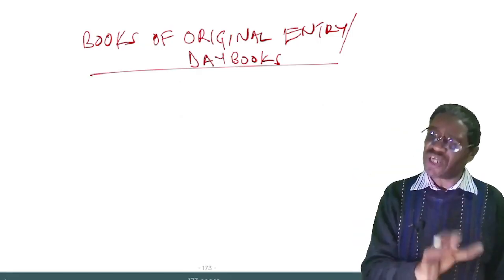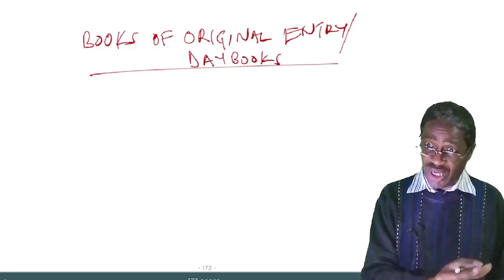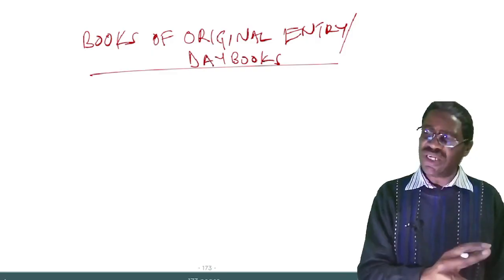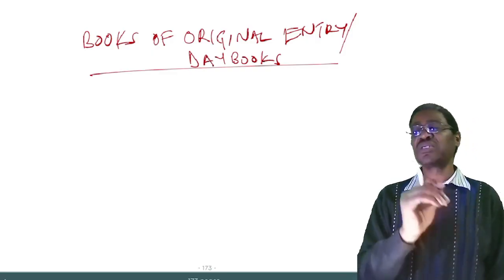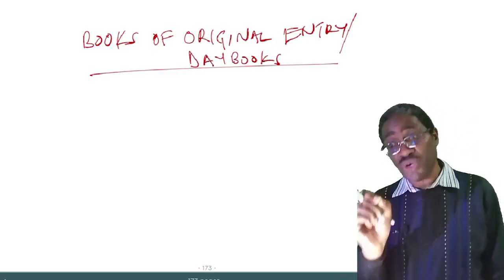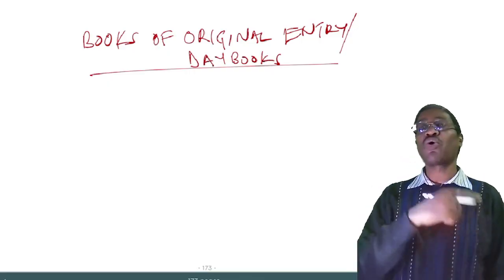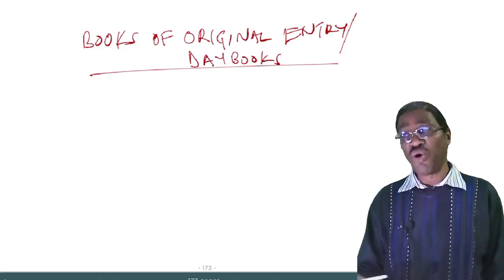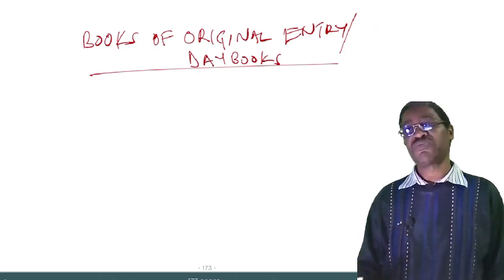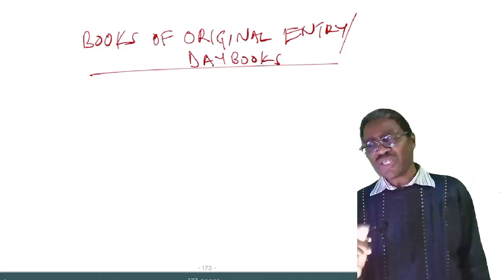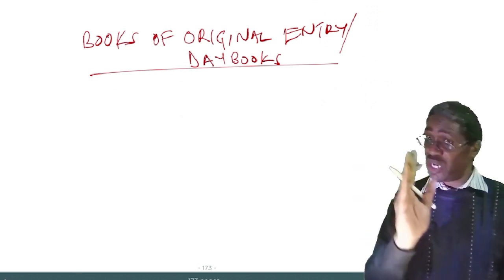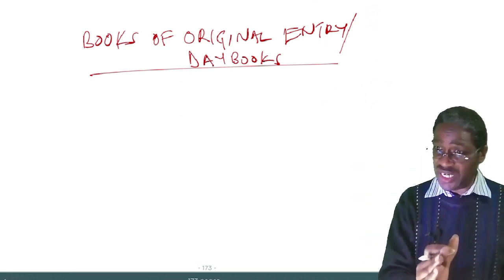It should first be recorded somewhere. That which is first to be recorded, where it is first to be recorded, we call a book of original entry. We also call them daybooks. Okay? We also call them journals. So, before a transaction is recorded in an account, it should be recorded first in a daybook.